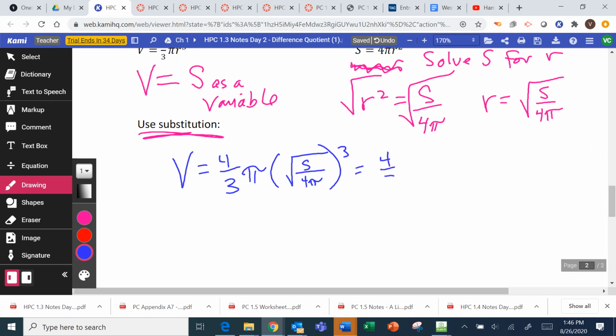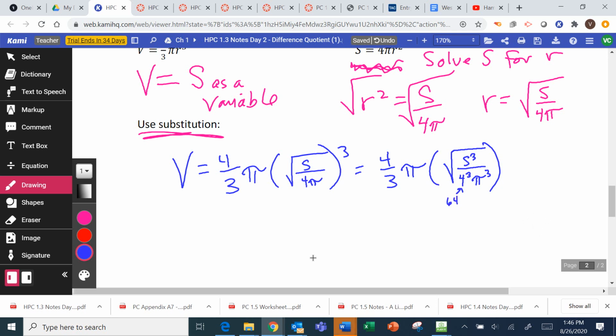So 4/3 pi. There's different ways you could simplify the cubed. You can put the cubed inside of the square root if you want. That's what I'm choosing to do right now. There's different ways you could simplify it though. You guys know what 4 cubed is? 64, right?